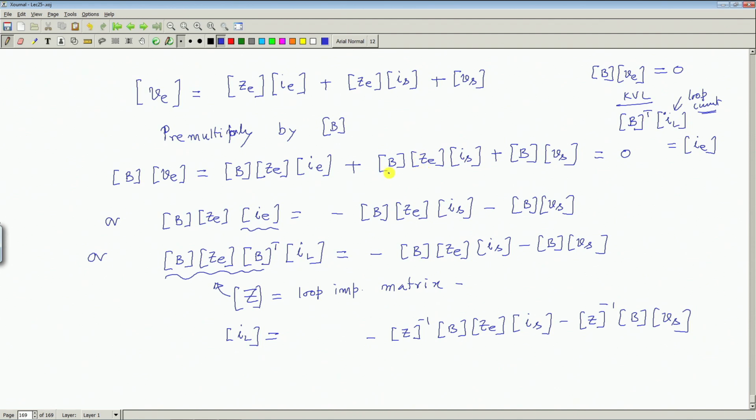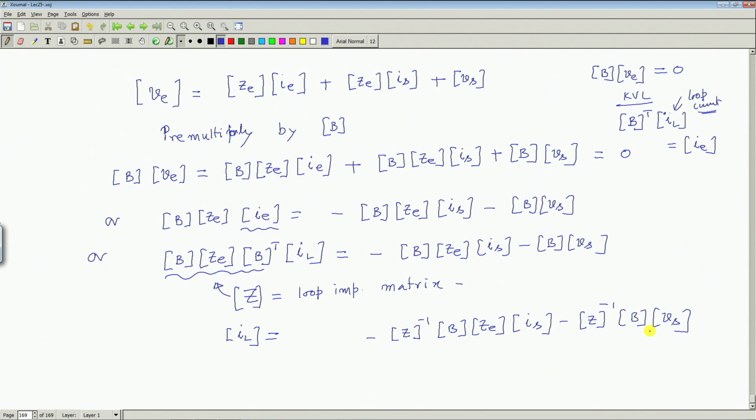Finding the B matrix elements, which are plus 1 and minus 1, I also know how to do, from the cut set matrix. And then I have to calculate this loop impedance matrix Z, which is B J D B transpose, then take its inverse and multiply. So, this problem can be delegated to a computer and the loop currents will be obtained.